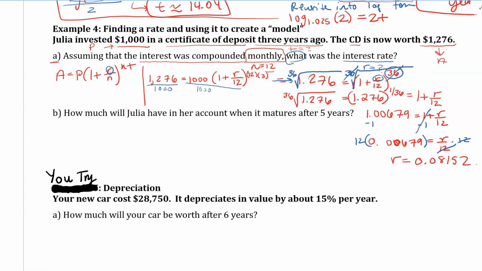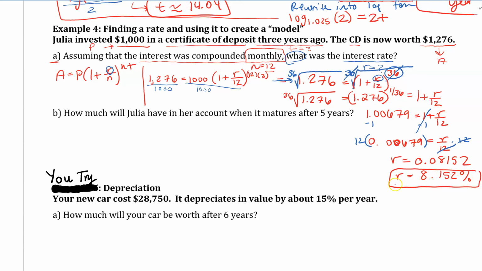Okay, so that is the rate as a decimal, but if you want to think of that as a percent, we'd have to multiply this by 100, which is move the decimal 2 spaces. So the rate was about 8.152%. That was the annual interest rate that allowed her investment of $1,000 to grow this much to $1,276 within a short period of time, 3 years. So that must have been the annual interest rate.